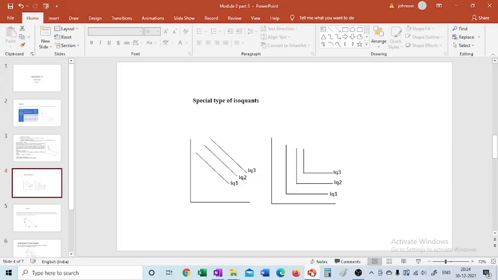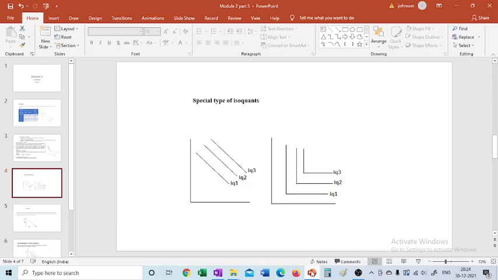But when the inputs are perfect substitutes, an isoquant will be linear, a downward sloping straight line. On a straight line the slope will be the same. That means the amount of capital replaced by one additional unit of labor will be the same every time. So that means there is perfect substitutability.